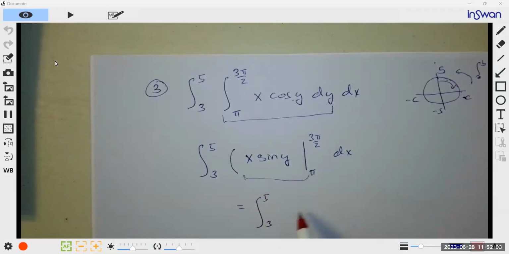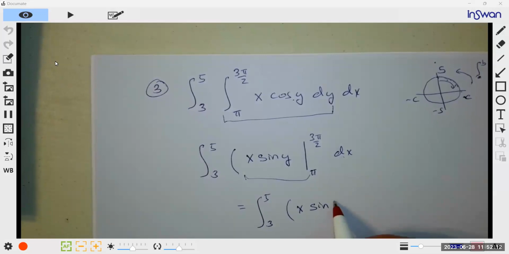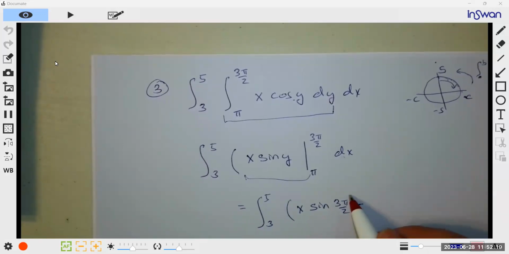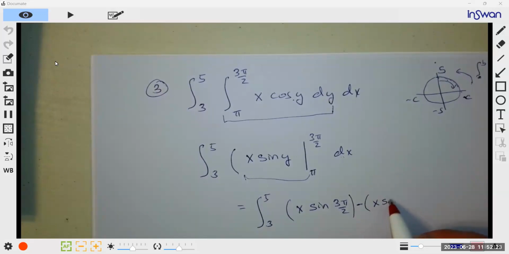So this inside becomes, we're only doing with respect to y because we haven't touched the x yet, x sine 3 pi over 2 minus x sine of pi.